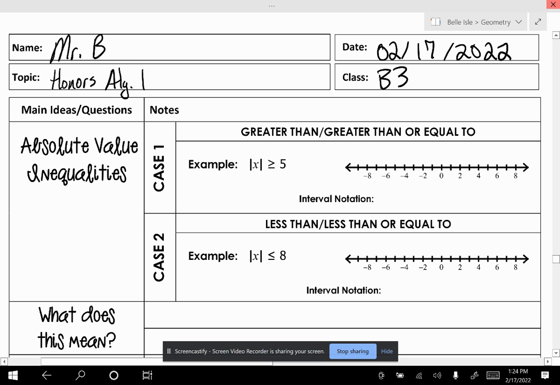Okay, so if we look at case one, in these first boxes we have a greater than or equal to. When we have the absolute value, what are some things that we remember about just solving absolute value equations? Yeah, Brandon.